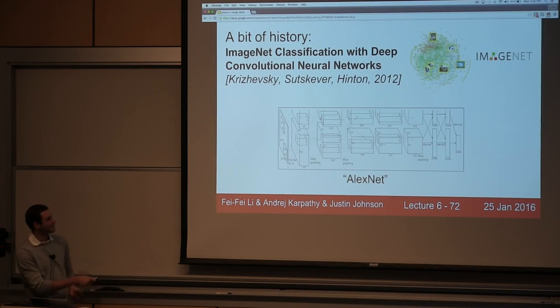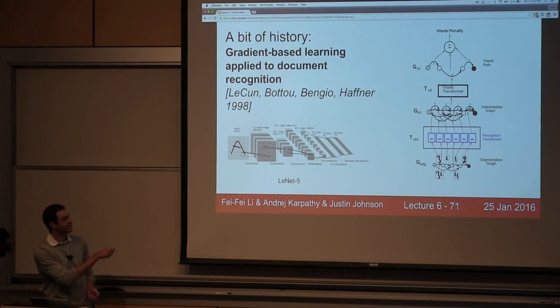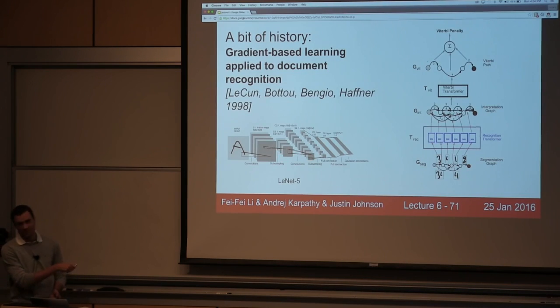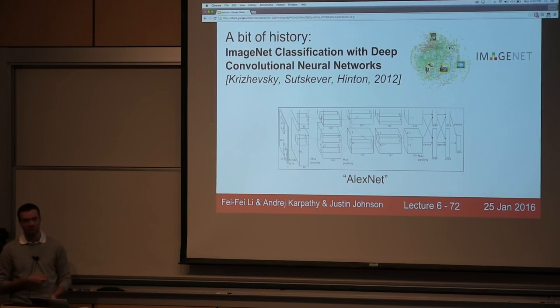So this was AlexNet, and it outperformed all the other algorithms by quite a bit. What's interesting to note historically is the difference between AlexNet in 2012 and LeNet in the 1990s. There are very, very few differences when you look at these two networks. This one used, I think, sigmoids or tanh probably, and this one used ReLU.